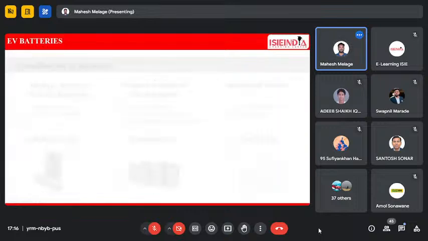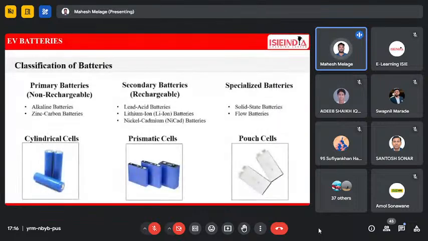storage purposes. The classification of this battery is based on charge storage and on the shape and structure of the battery. The basic three classifications are primary battery, secondary battery, and specialized battery.